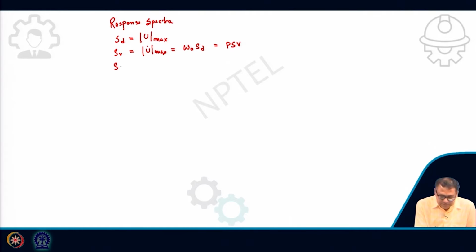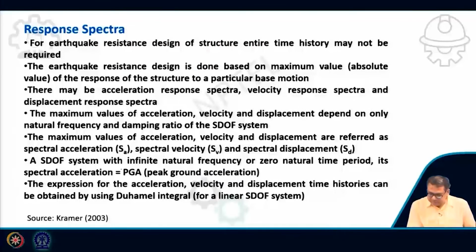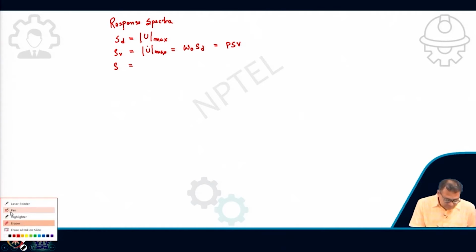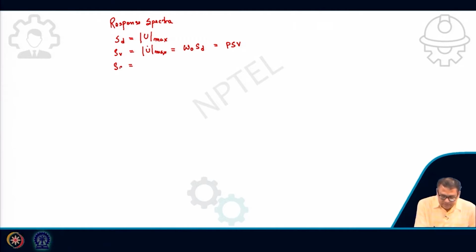And SA is the spectral acceleration, it is not XG, it is SA, the spectral acceleration, which will be U double dot max.